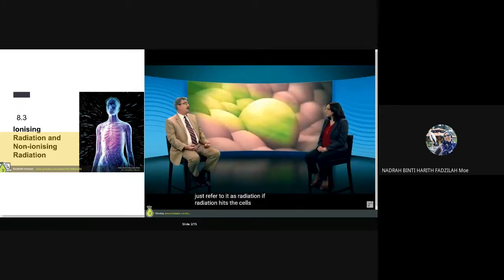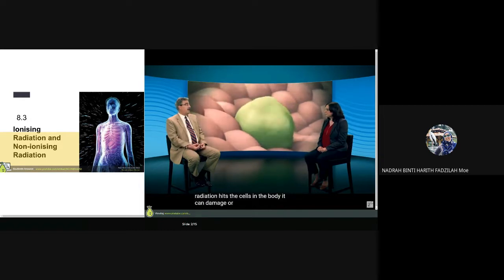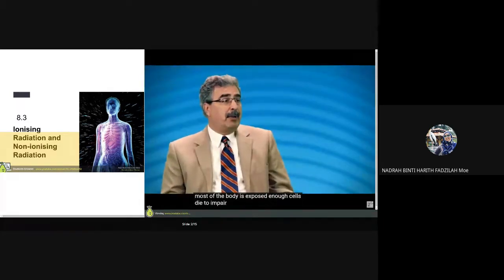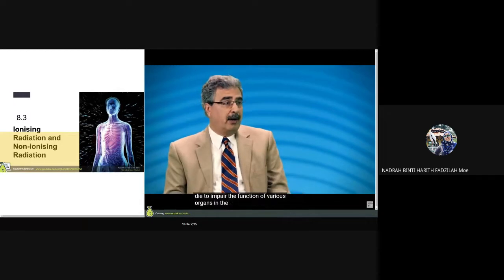If radiation hits the cells in the body, it can damage or even kill the cells. The amount of energy that the body absorbs from this radiation is called the radiation dose. At high doses, and when most of the body is exposed, enough cells die to impair the function of various organs in the body. And that can lead to really serious health effects, including death.